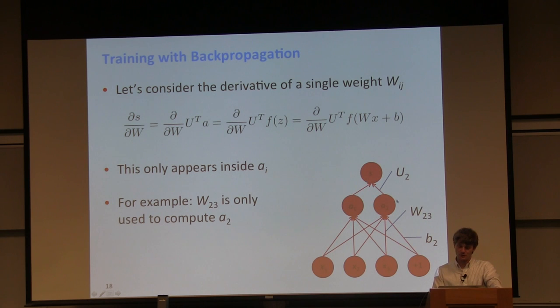That's the element W23. And we also remember that every neuron basically comes from one row of our W matrix. So the first row of W defines the weights for the first neuron, and the second row of W defines the weights for the second neuron.